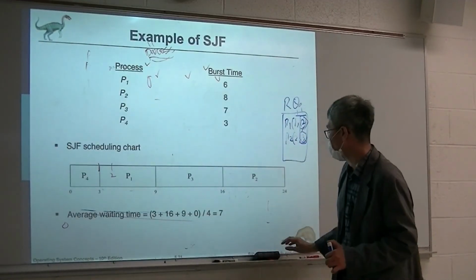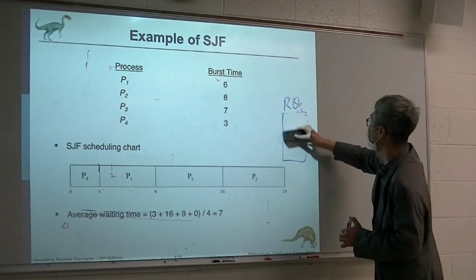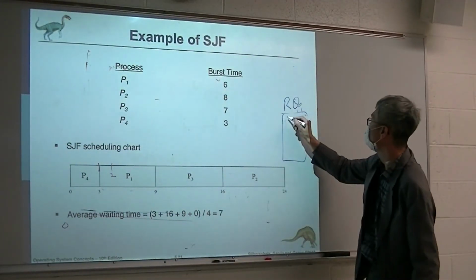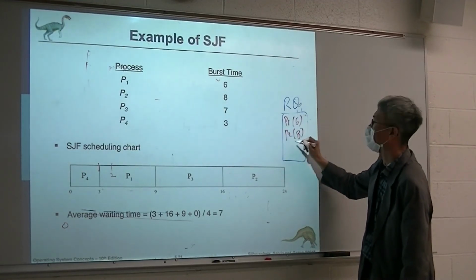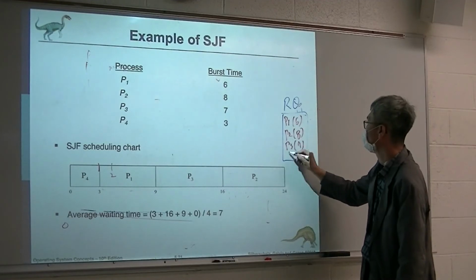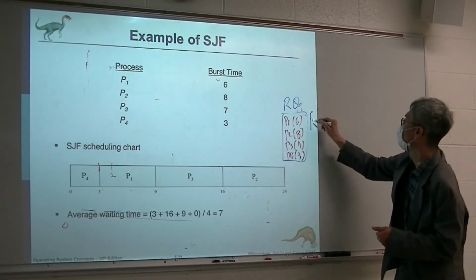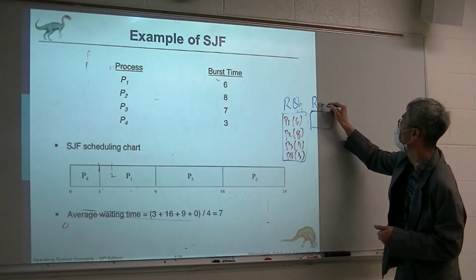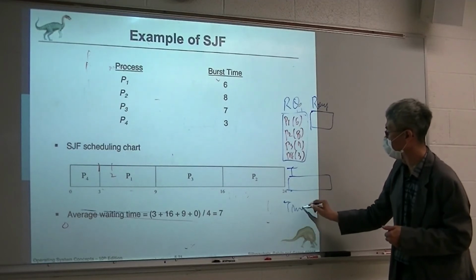So this is the example. So the ready queue is right now P1 6, P2 8, P3 7, P4 3.